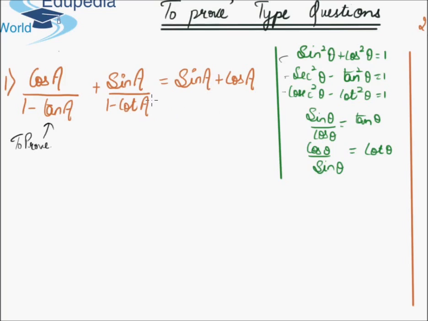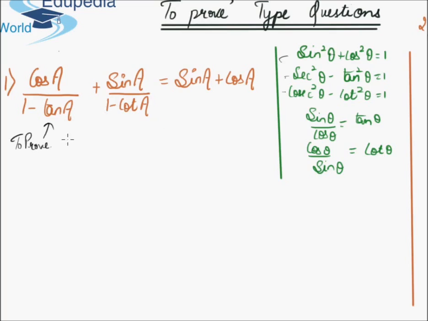Friends, in these proof type questions, it is more convenient to pick up the complicated side and simplify it and make it equal to the right hand side. If the picked up side has become equal to the other side by proper conversions, we have proved that question.